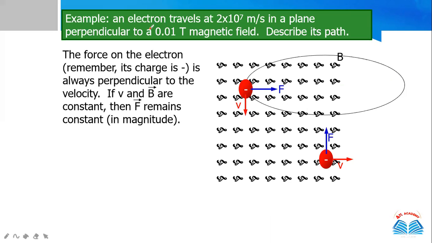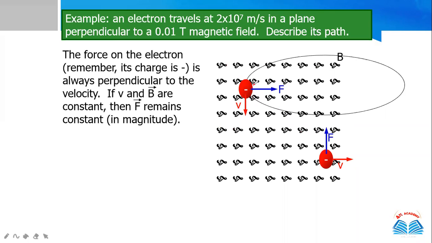An electron travels at 2 into 10 to the power 7 meter per second in a plane perpendicular to a 0.01 Tesla magnetic field. Describe its path. First of all, I have drawn a picture here. You can see these black lines, these black shapes, are the direction of the magnetic field.